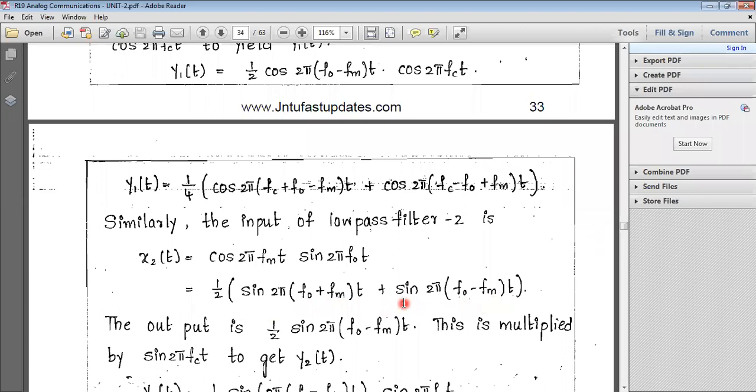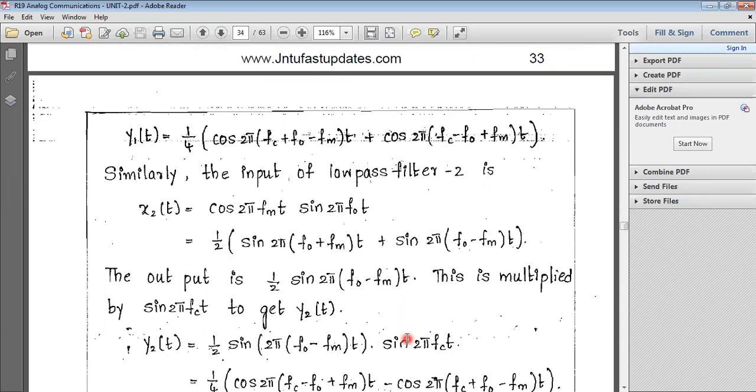Now, after passing through the low pass filter, again we eliminate high frequency signals. Then at the output of the low pass filter, we have sine 2 pi into f naught minus fm into t.